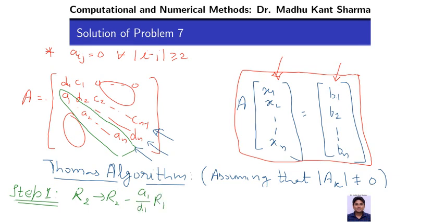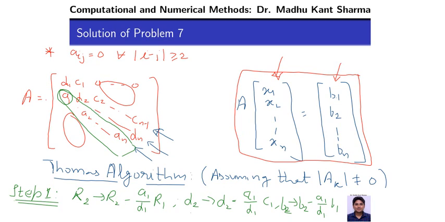Parallelly, D2 is updated by D2 minus A1 by D1 times C1, and B2 is also updated by B2 minus A1 by D1 times B1. So in the first step you perform this, and you create 0 here. Once you have the updated value of B2, you are going to create 0 below D2.